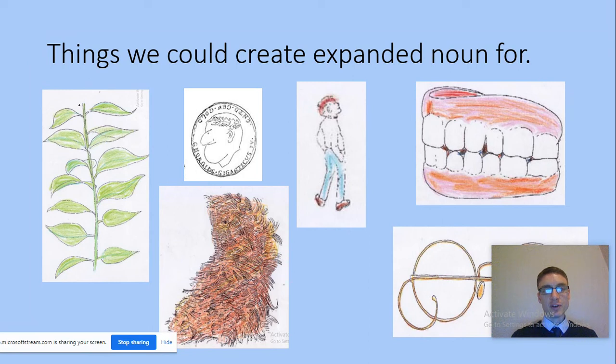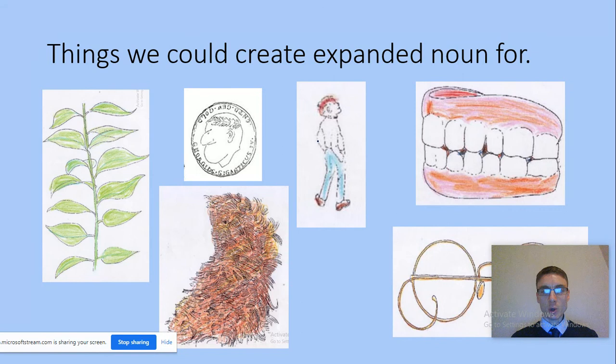So for the beanstalk, you might write down enormous, large, gigantic, colossal, green, tall. For the coin, you might have shiny, gold, sparkling.